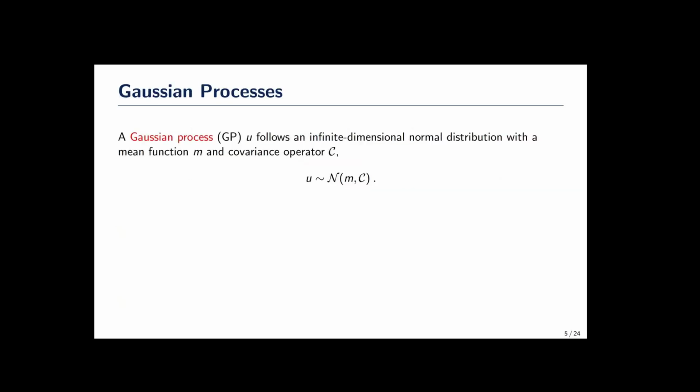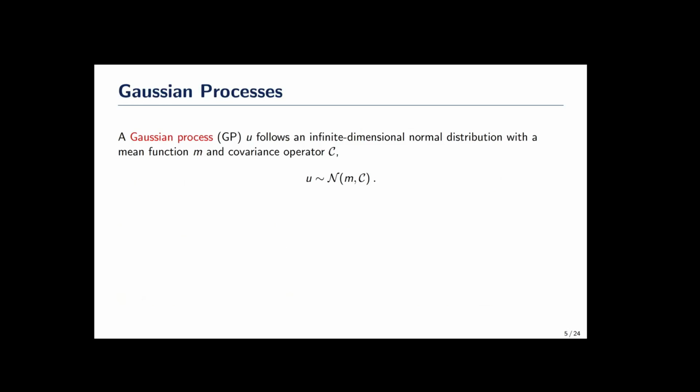You can think of Gaussian processes as being simply random functions, or in a vague hand-wavy way, as an infinite dimensional normal distribution with a mean that is usually chosen as a zero function and some covariance operator that gives you some structure of your random functions. I'm not going to spend too much time on this in order to speed things up, because what we'll be looking at is a very specific class of Gaussian processes.